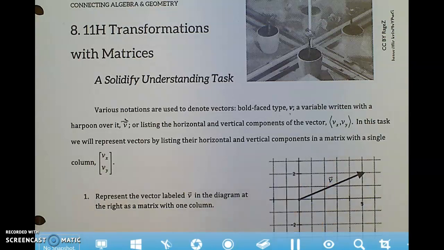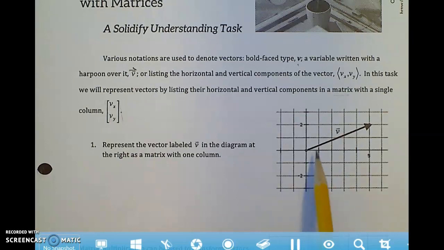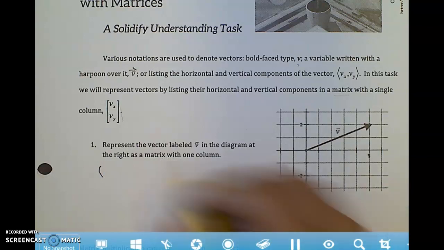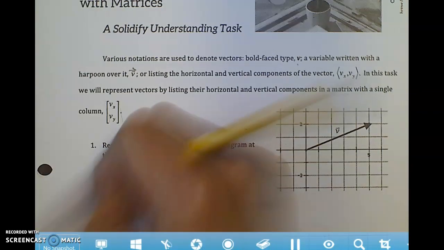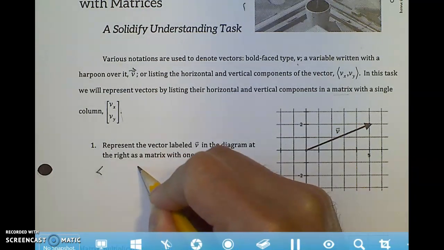So again, we are going to represent a vector using the horizontal and vertical components, but writing it in matrix form. Right here is that little grouping symbol for matrices. For example, here we see this vector V. In terms of horizontal and vertical components, we can write it as an ordered pair using the vector notation.